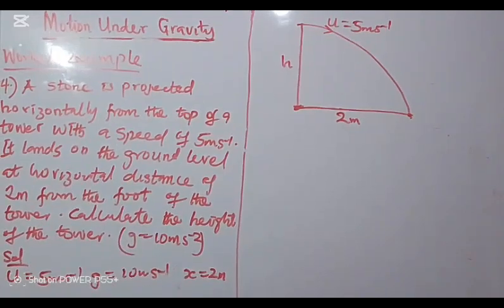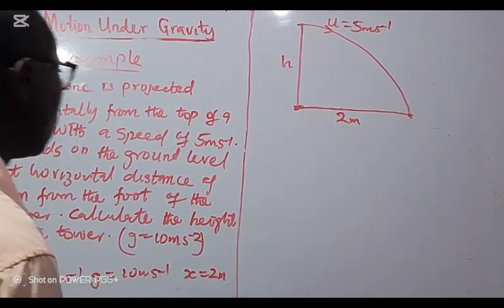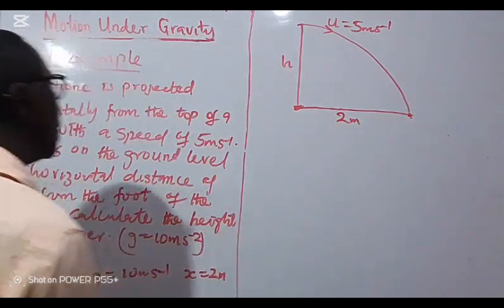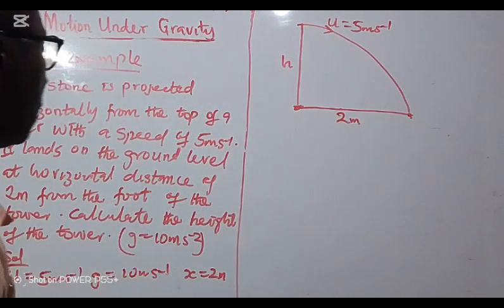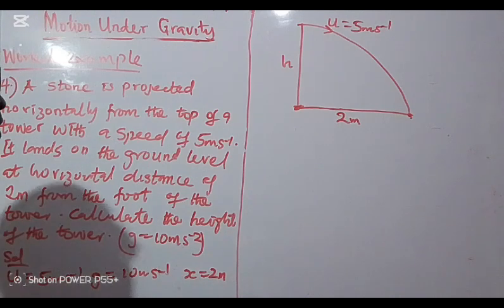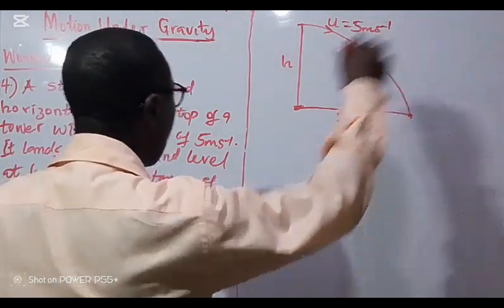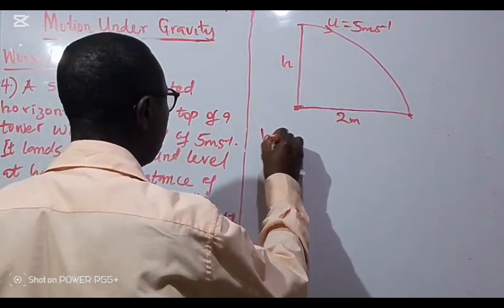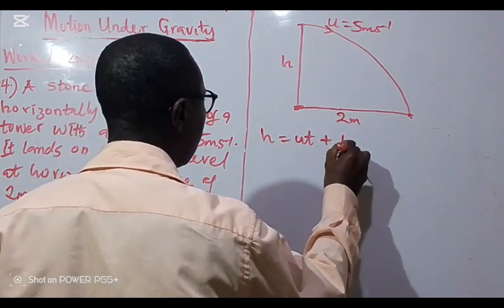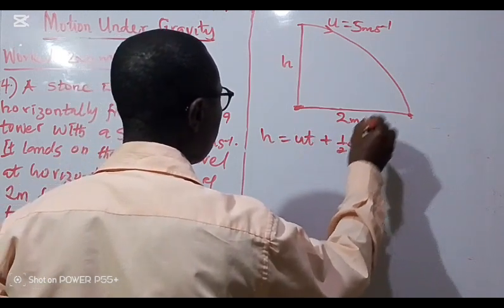Now, the first thing we need to do to calculate the height of the tower: this question is like the other number 3 question that we saw, in the sense that it combines the linear motion with the motion under gravity. And when you say height, h is equal to ut plus half gt squared.